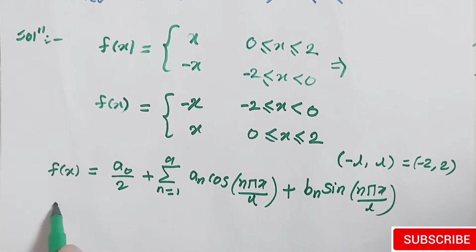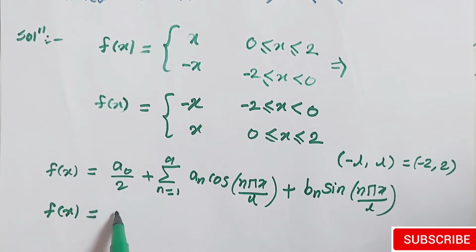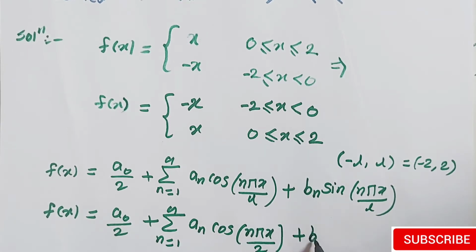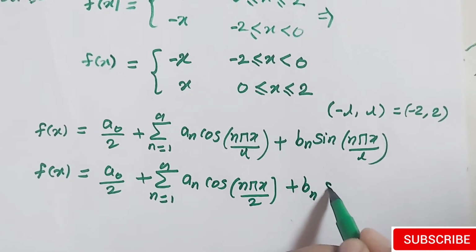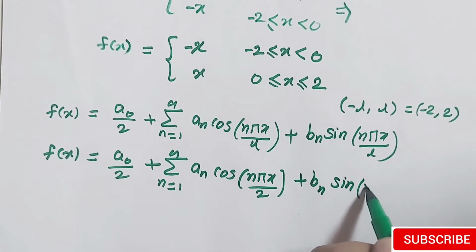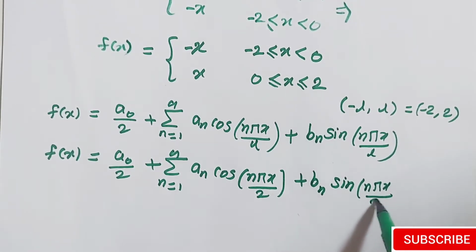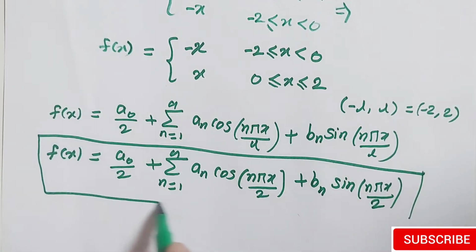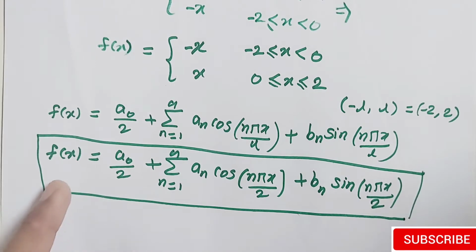So here therefore f of x equals to a0 by 2 plus summation n running from 1 to infinity an cos n pi x divided by 2 plus bn sin n pi x divided by 2. So this is a Fourier series expansion of a function f of x.